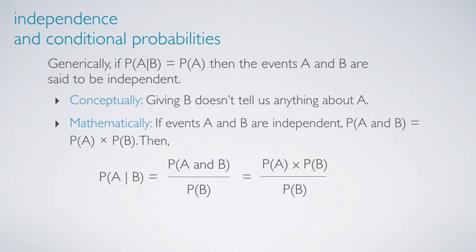The probability of B's in the numerator and denominator cancel each other, and we're left with probability of A. So we had defined this rule, probability of A given B equals probability of A, suggests that the events are independent earlier. And now that we know Bayes' theorem, we can actually prove why this is the case mathematically, as well as reasoning through it conceptually.